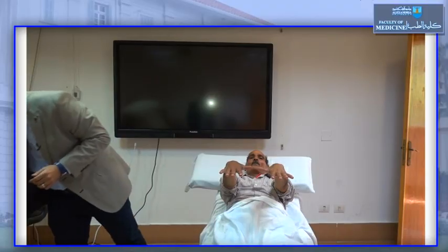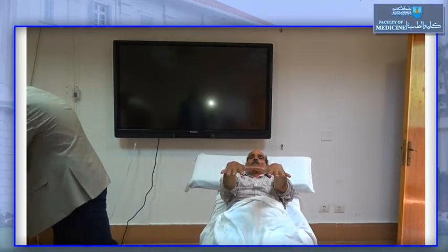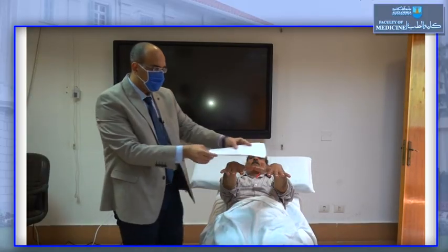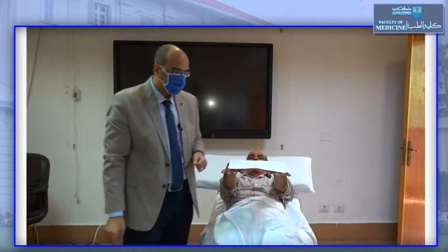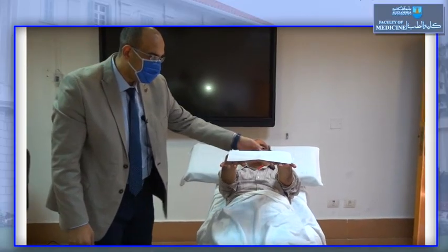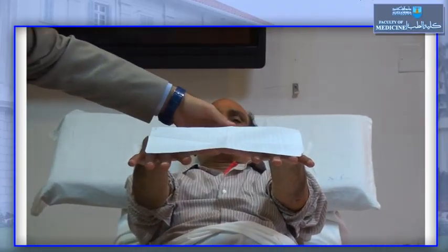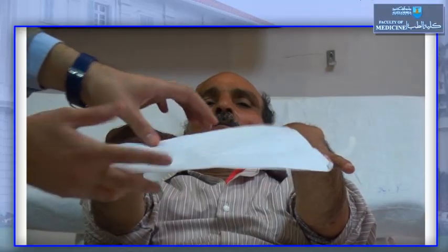Then we might put a paper on the patient's fingers and see if it is movable or not. It is not movable. There are no fine tremors, and I can look at them directly.